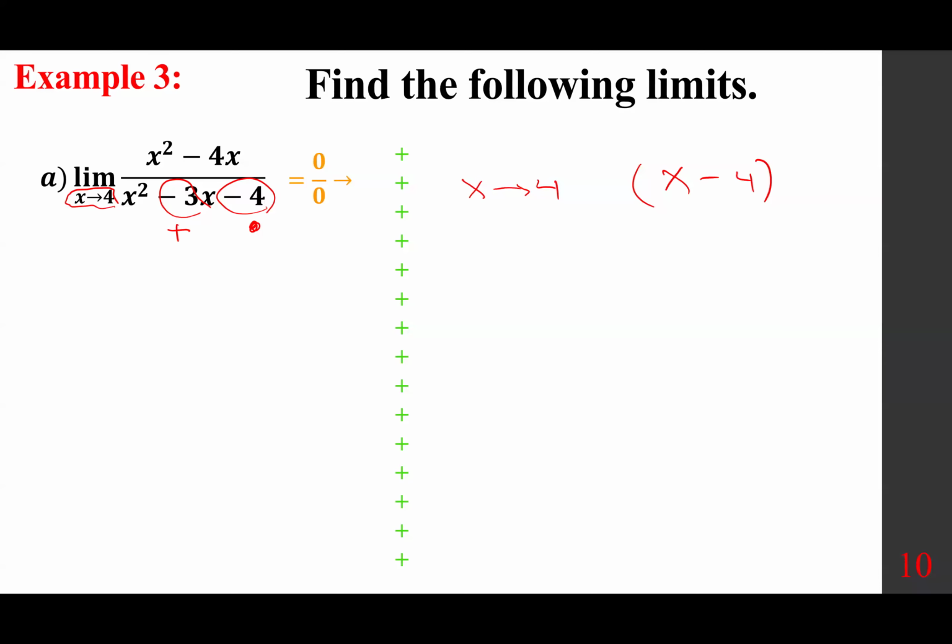The sum is -3. So obviously the top, you just take out the x, and the bottom becomes x minus 4 times x plus 1. So as expected, we have a factor of x minus 4. We drop that. And now when we plug in, we get 4 over 4.